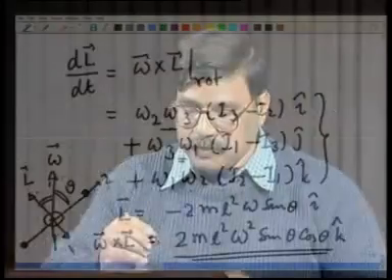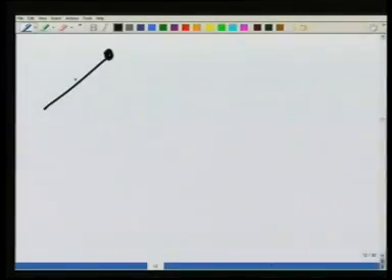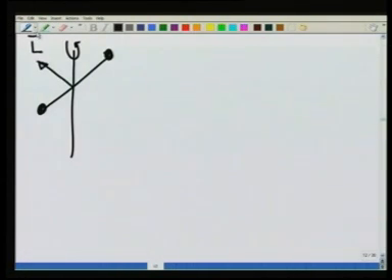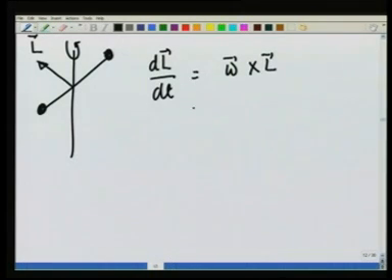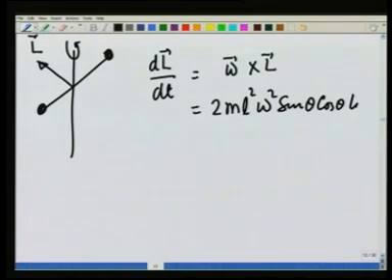So let me write it explicitly. What we got in this rod, if it is rotating like this, this is L, and therefore dL/dt, which was omega cross L, came out to be 2 m L square omega square sine theta cosine theta k.